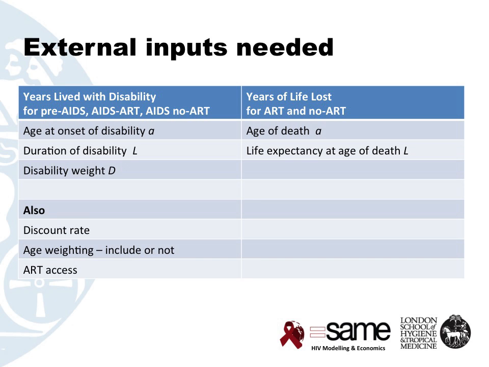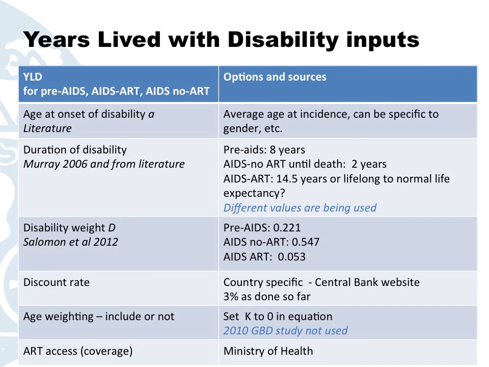Age weighting, we'll discuss pros and cons of using age weighting, and you need your ART coverage levels. Here I'm making some suggestions about what your options are and what sources you may want to access to complete your calculations.